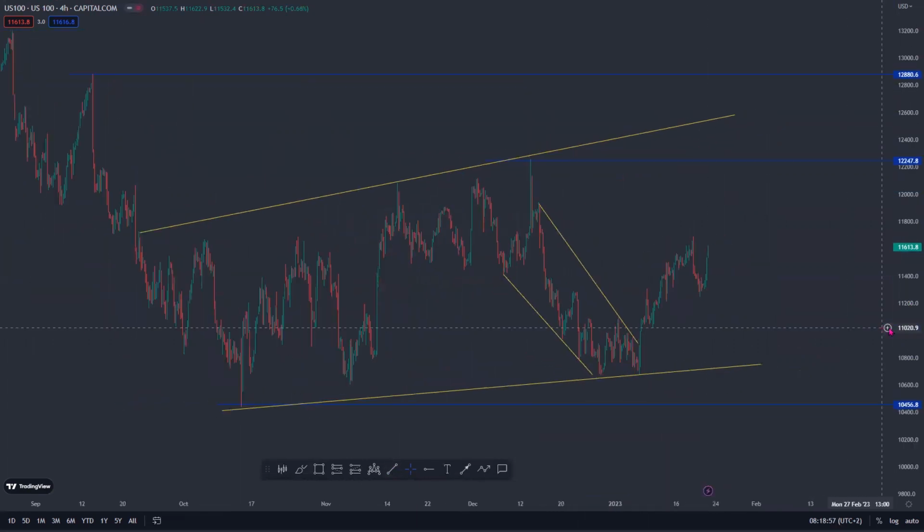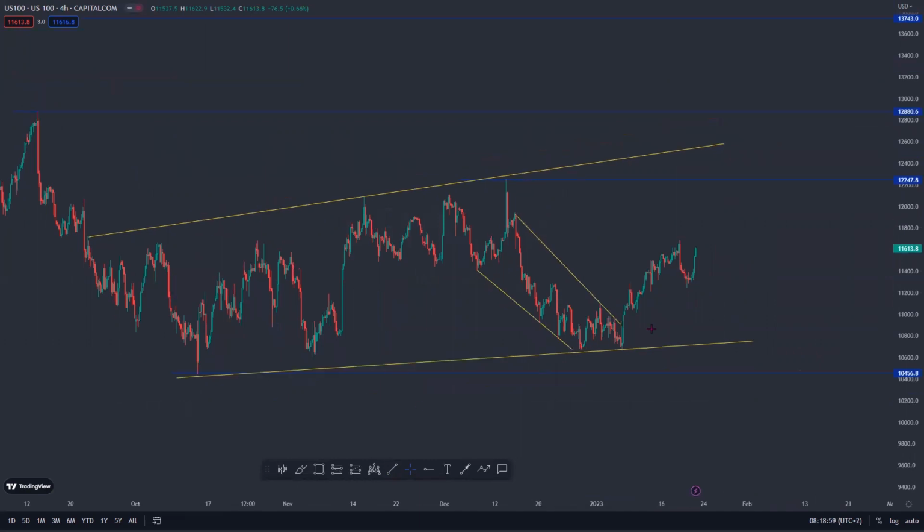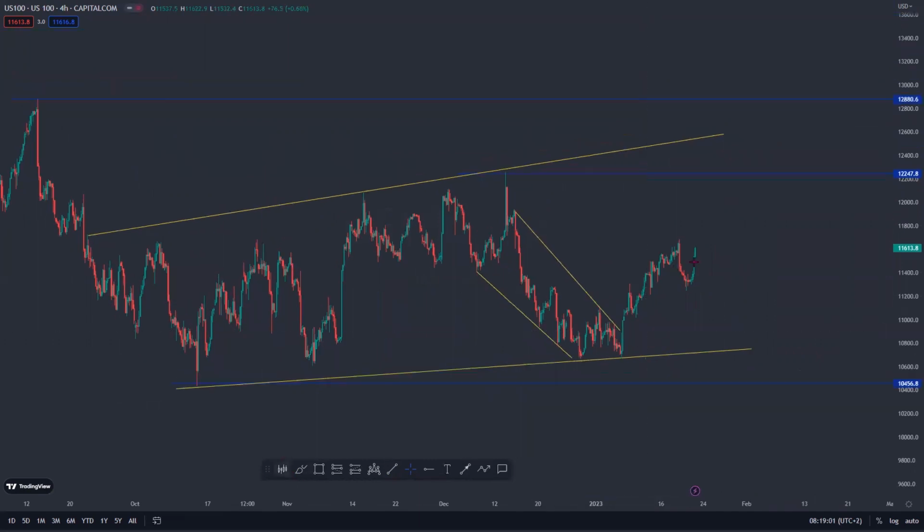So trading NASDAQ, I'll suggest you wait for the market to push above and start pushing down, giving us a correction. Then we're going to take the first correction.